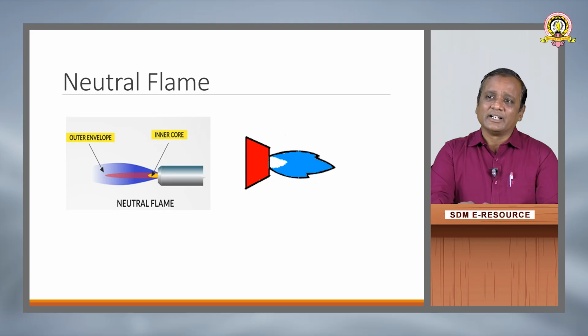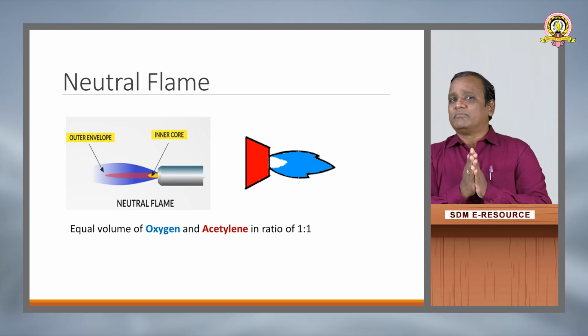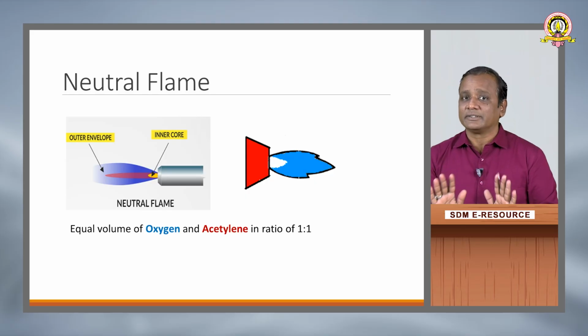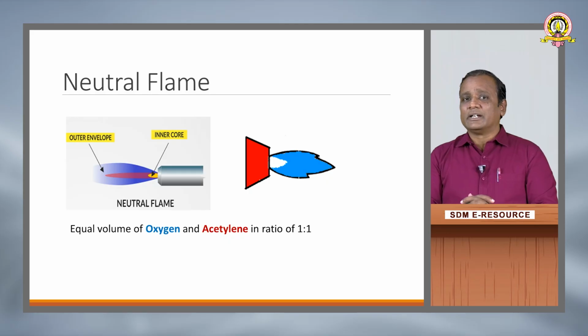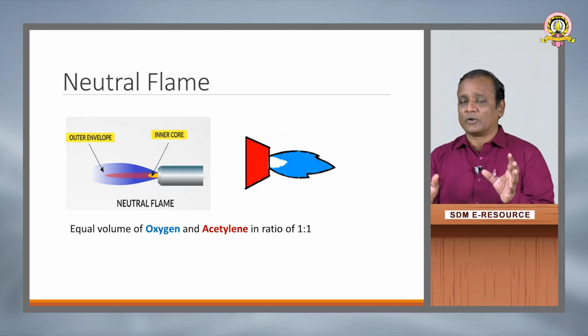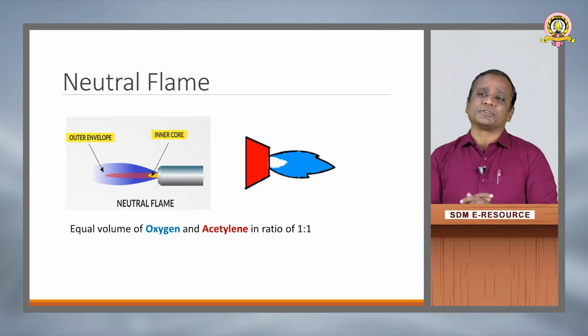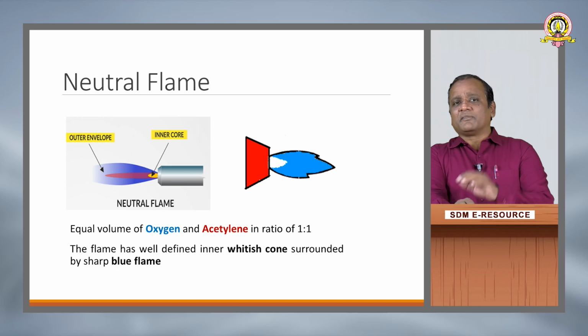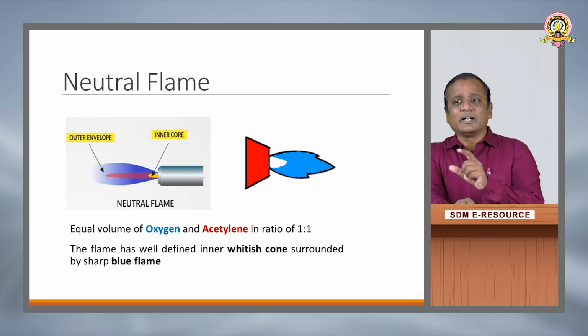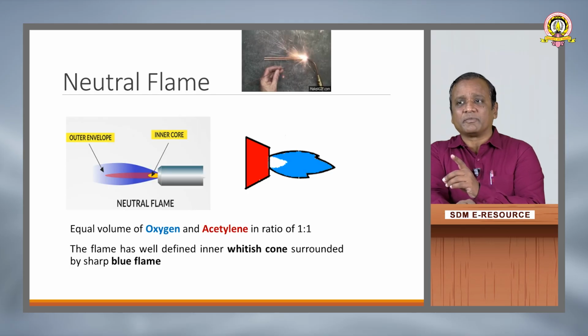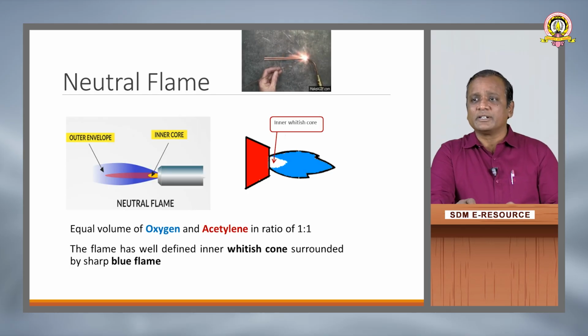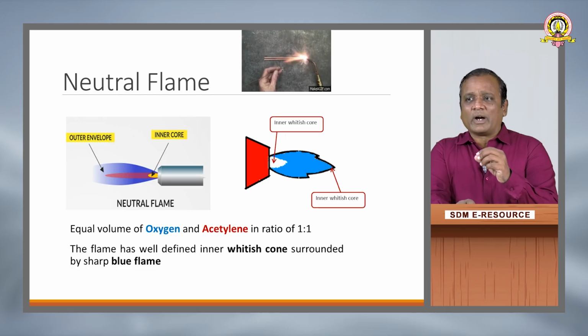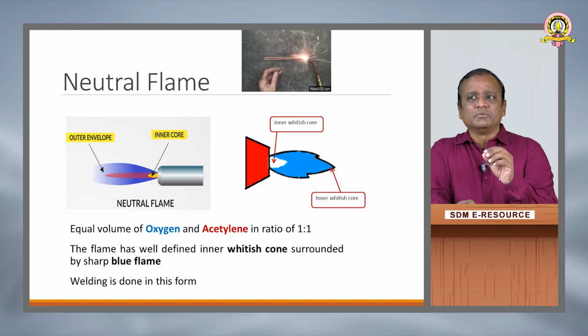First, the neutral flame. You can see the sketch here. As the name itself says, neutral. In this case, the proportion of oxygen and acetylene are equal, in a ratio of 1:1. It's a well-defined flame with an inner whitish core surrounded by a sharp blue flame.